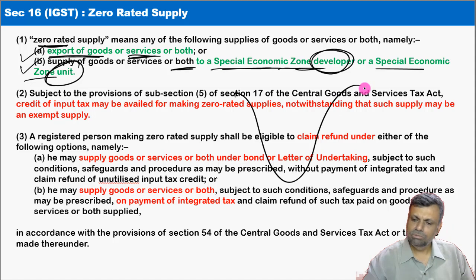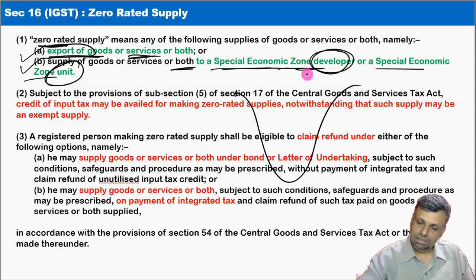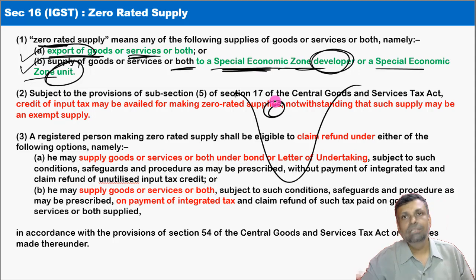Now friends, a small little thing that I would like to bring to your notice, that export of goods services, basically where you are going to take the goods or going to supply the services outside the Indian territory. That means outside the actual physical location boundaries of the country, it is normally what you call as an exports. But this SEZ, okay, the SEZ is something which is physically not outside India, but it is physically within the boundaries.